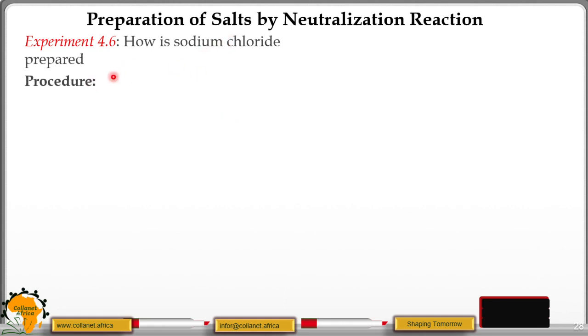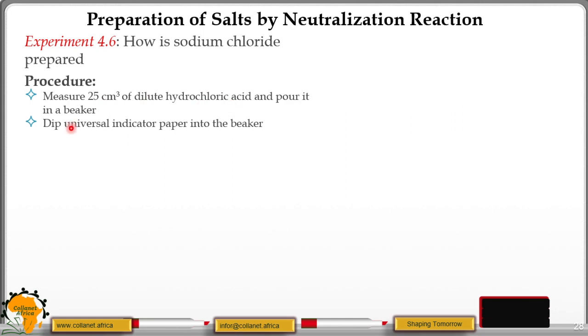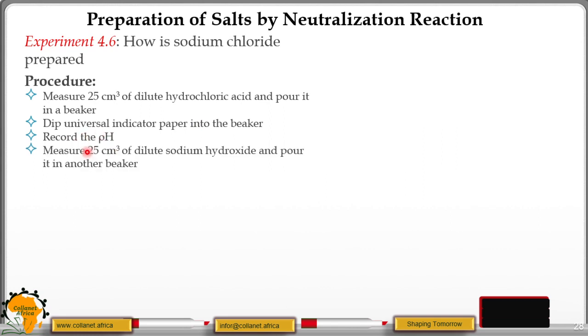Let's look at the procedure for experiment 4.6, the preparation of sodium chloride in the lab. Measure about 25 centimeters cubed of dilute hydrochloric acid and pour it in a beaker. Dip universal indicator paper into the beaker. Record the pH.